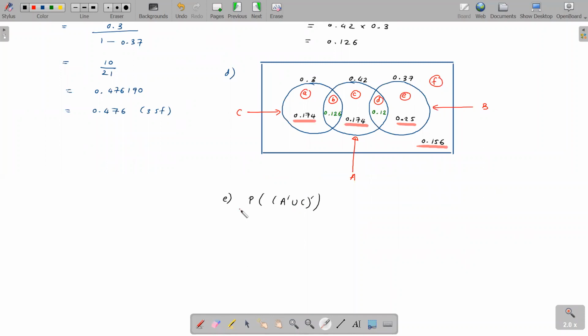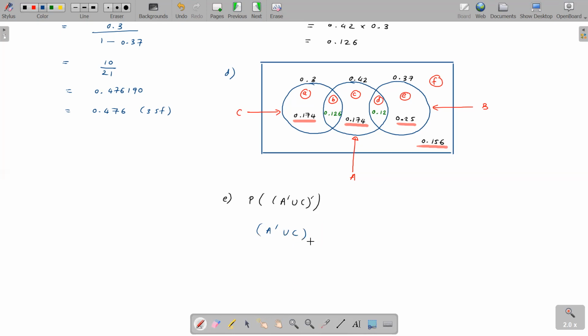You can try some traditional ways, or I'm just going to try it with the regions, because we know regions and we know how to easily find probabilities using regions. That's what I'm going to do. First let's get A dash union C and then go into the complement of A dash union C later, because we have to get the full complement of this, right?